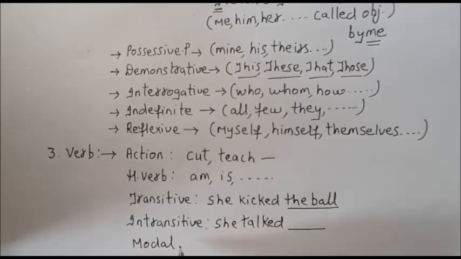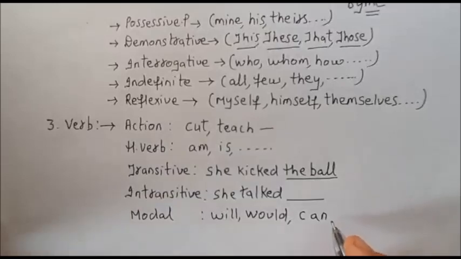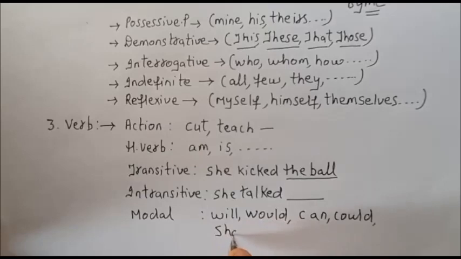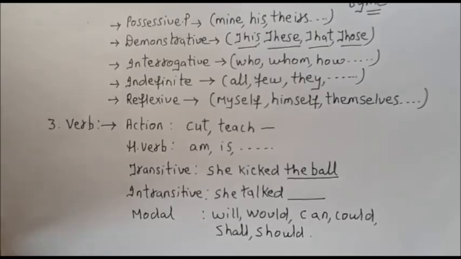You can also call them modal auxiliary verbs, like will, would, can, could, shall, should. These are all your modal verbs. So very simple. We have done noun, pronoun, verb in detail up till now. Now let's move ahead.